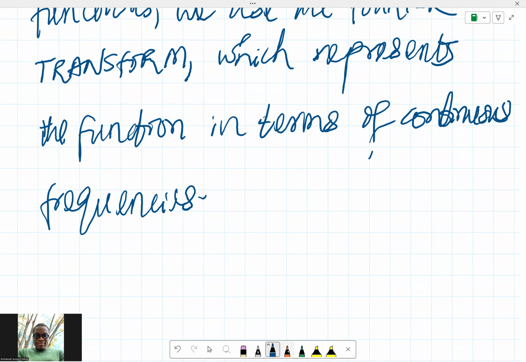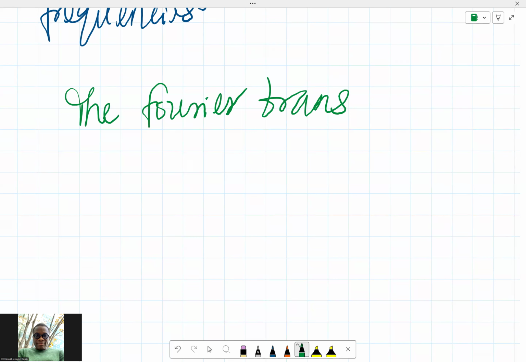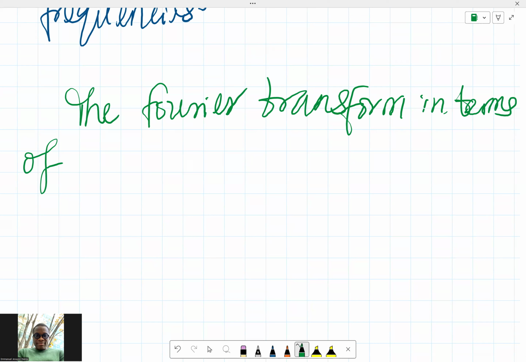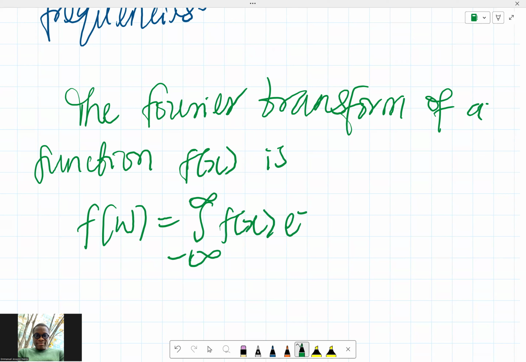So the Fourier transform of a function f of x, which we have also seen before, is f of omega equals the integral from minus infinity to infinity of f of x e raised to the power minus i omega x dx.